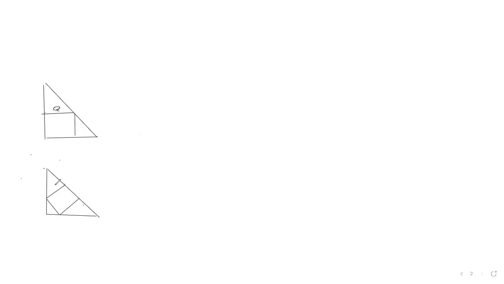And the side of the square here is B. I want to find out what the relationship is. The square here has got area 441. And I need to find the area of the square here. So I need to find B squared, in other words. That's the goal.